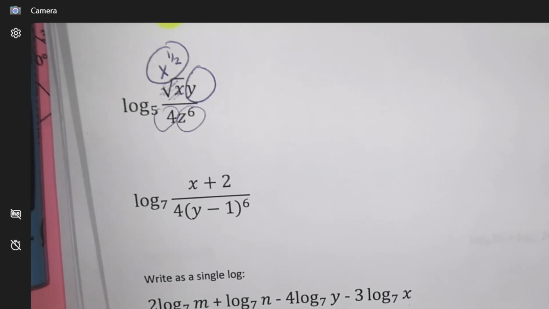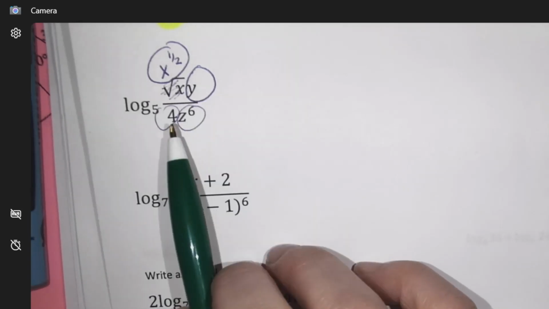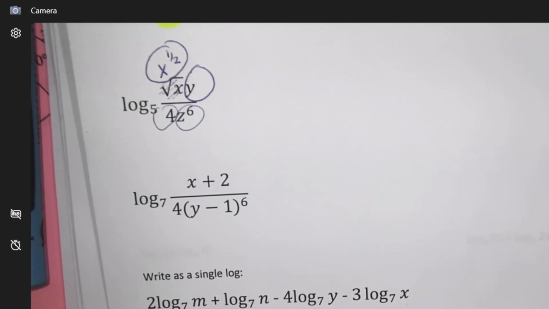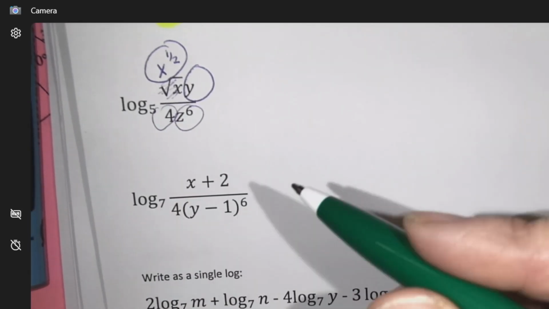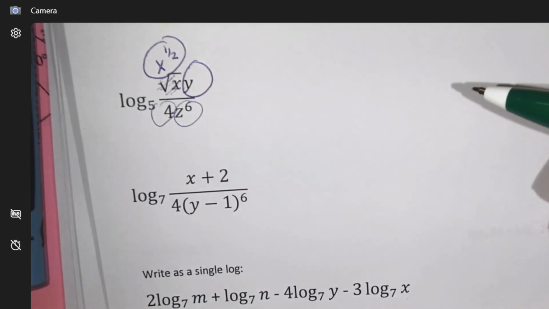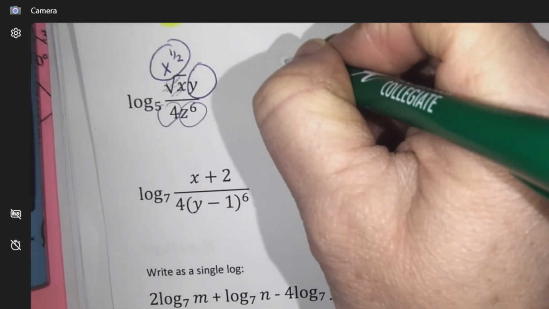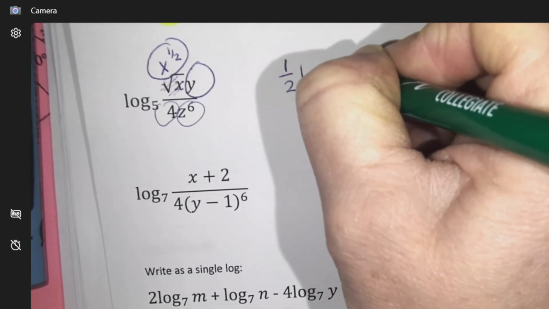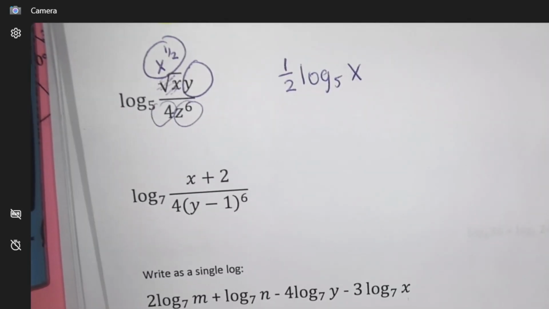Because I'm multiplying, dividing, multiplying, like this is its own, this is its own, this is its own, this is its own. Okay, so you're going to separate. Ready? The first item would be a half log 5x.